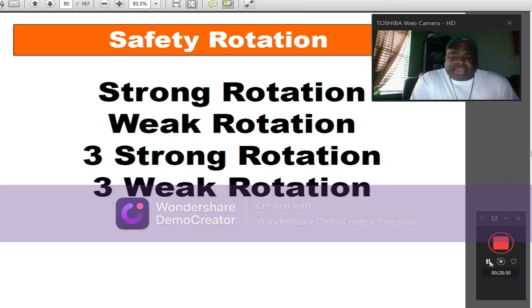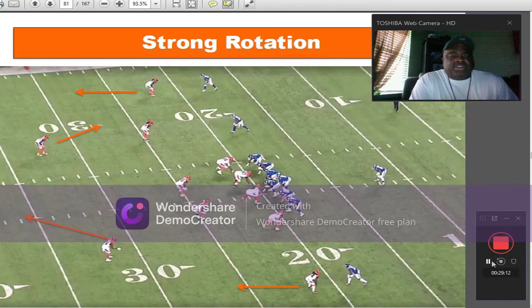And as a defensive coordinator and a defensive back coach, you have to understand and use strong rotation, weak rotation, 3 strong rotation, 3 weak rotation. You have to understand those concepts and how to use them effectively. Okay, here goes strong rotation.